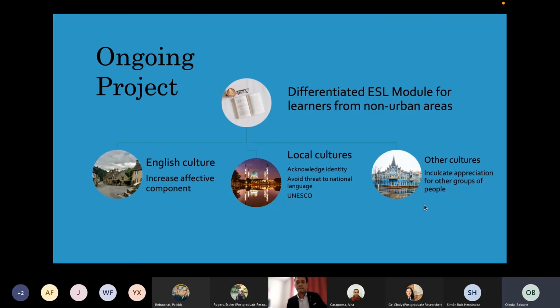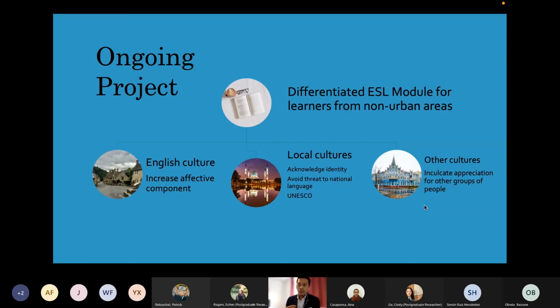Okay. So this ongoing project is something that I'm currently doing, even though the intervention was put on hold because of the pandemic, but it will resume very soon. I'm carrying out a similar project involving 200 English learners with 3 English teachers.